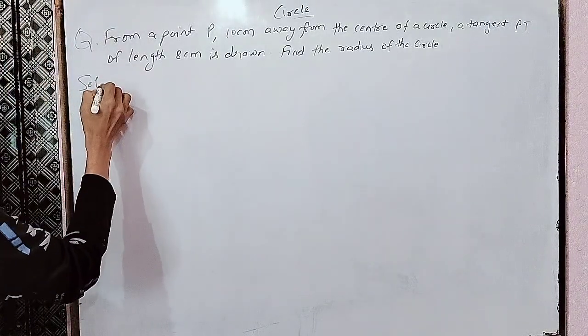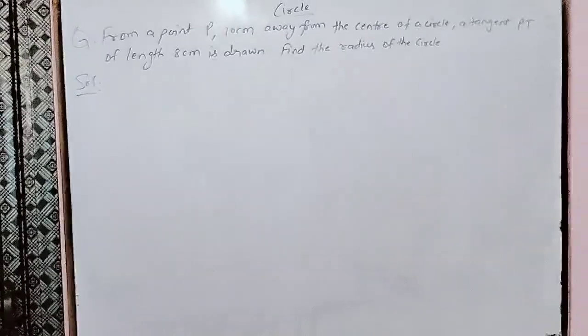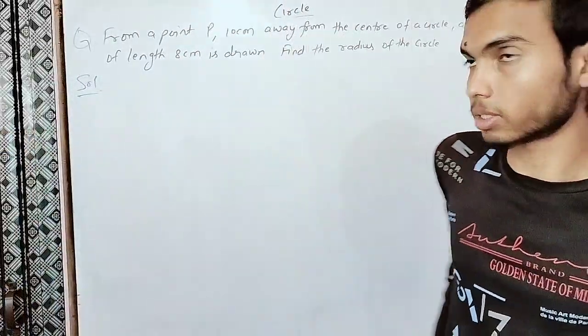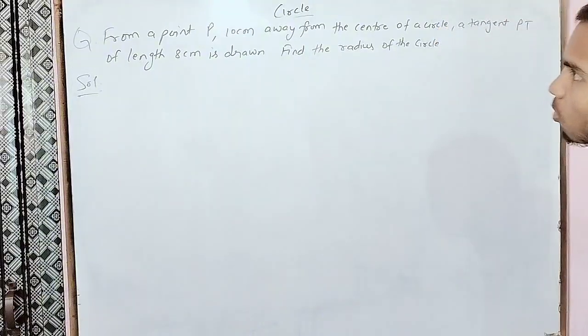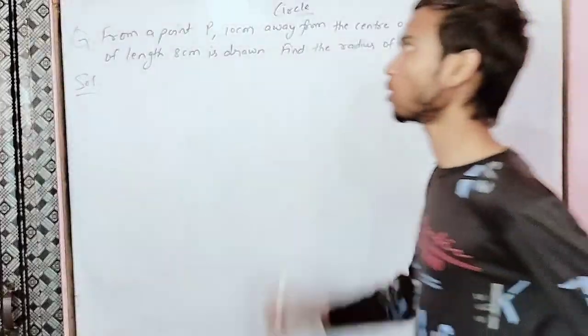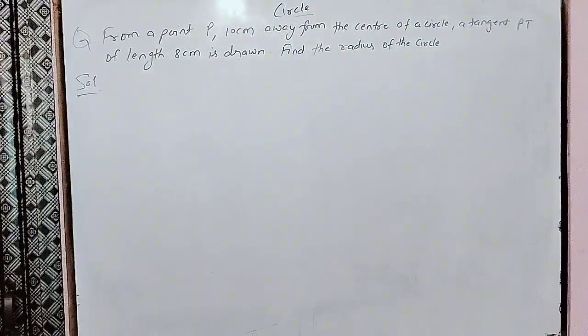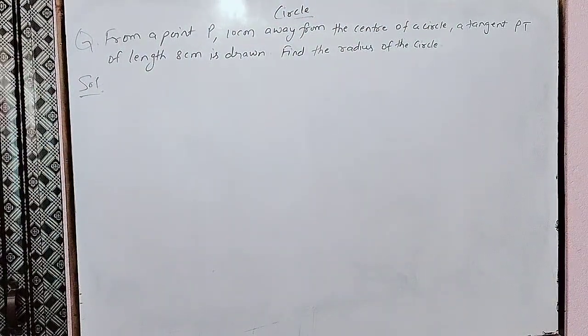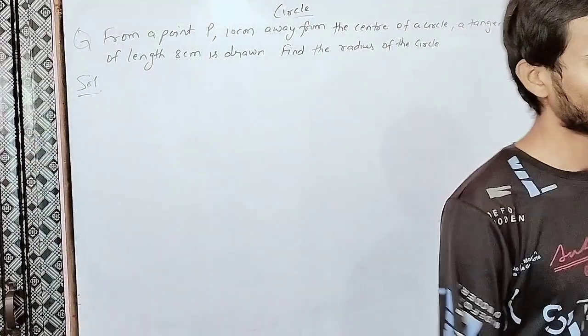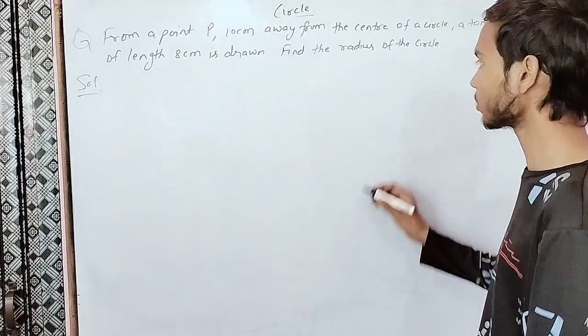We can draw a figure. First of all, we have to understand what the question is saying. From a point P, 10 centimeter away from the center, it means the point P is an external point, away from the circle. So 10 centimeter is the distance from the center to the external point P.